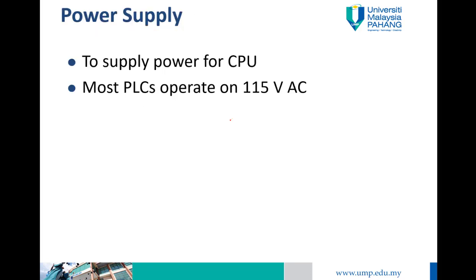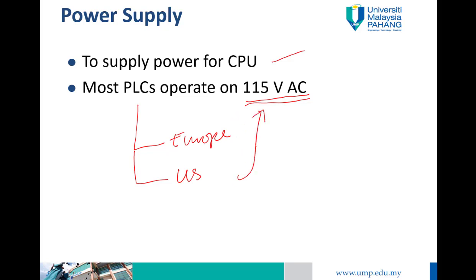Then the power supply, to supply power for the CPU. Most PLCs operate on 115 volts AC. There are a lot of different manufacturers, but most of them come from Europe or the US, so that's why the voltage is 115 volts.